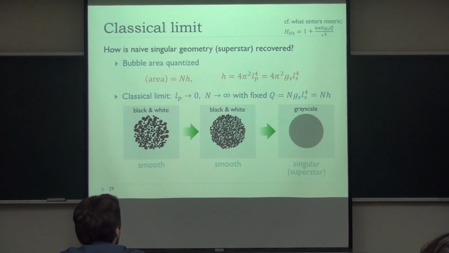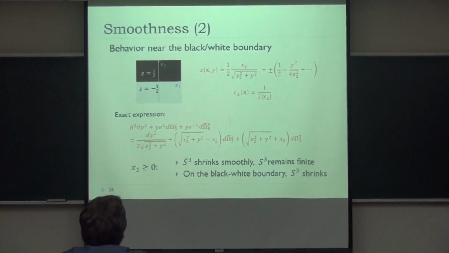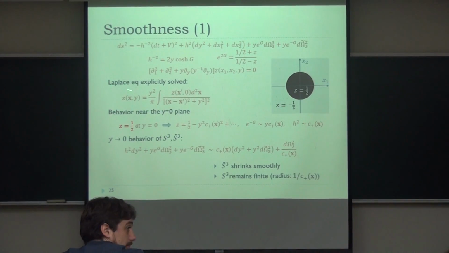If you plug in this grayscale distribution, so maybe z is 0, maybe z is 1/4, something. z is not plus half or minus half. Then this droplet gives you a singular solution, because as you have seen, there was some very non-trivial cancellation.